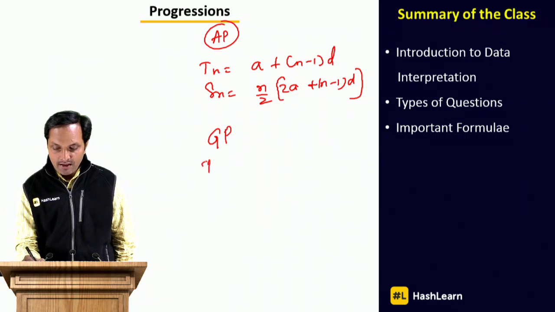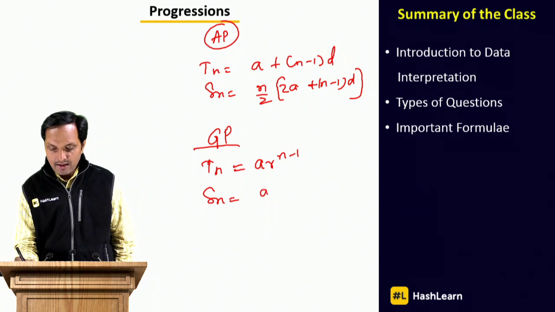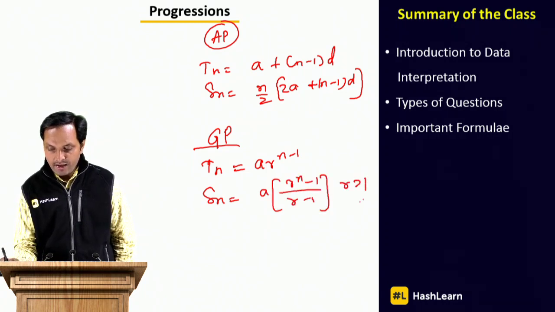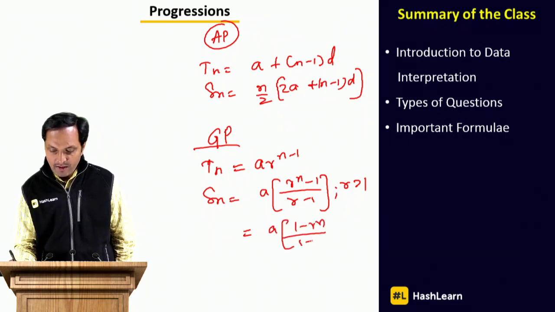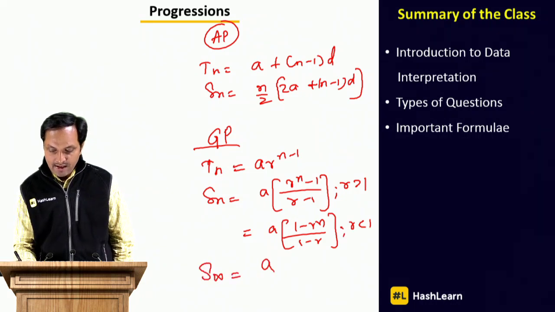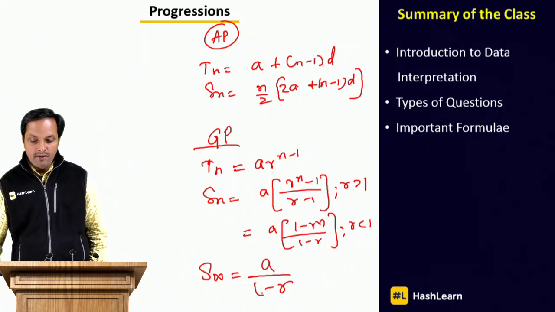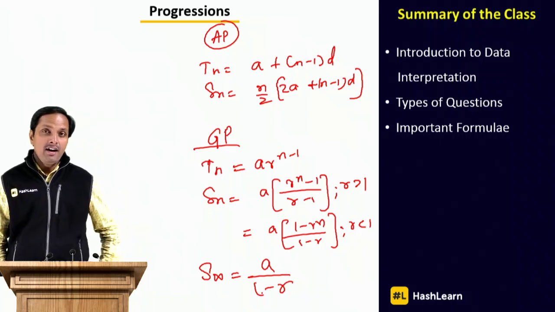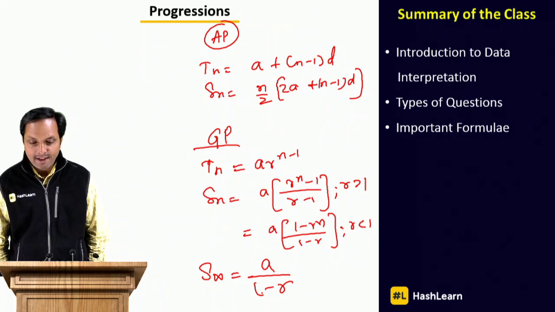Similarly in GP, the nth term is ar power n minus 1 and Sn is a into r power n minus 1 by r minus 1 if r is greater than 1, and 1 minus r power n by 1 minus r if r is less than 1. The most important in this is the infinite sum in GP, a by 1 minus r. So when they ask you 3 terms, take them as a, ar, and the preceding one as a by r. Is it clear? Okay.